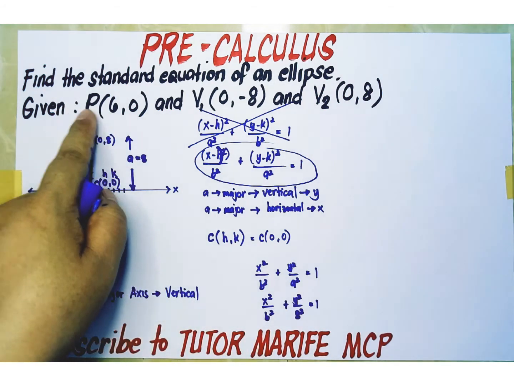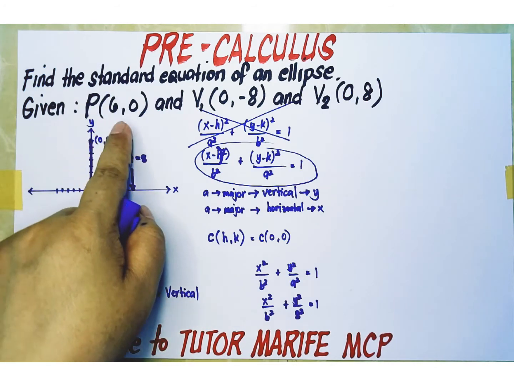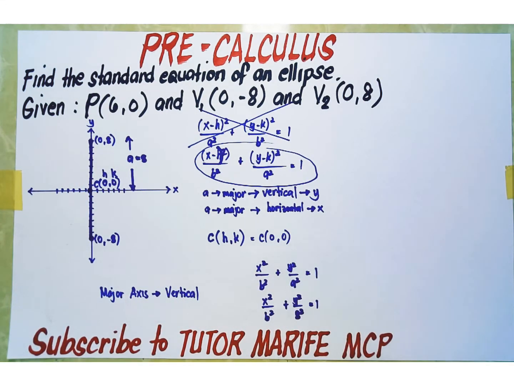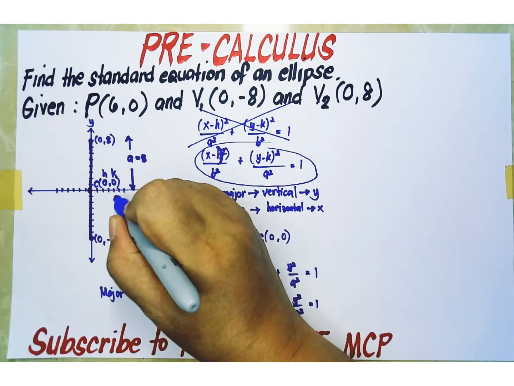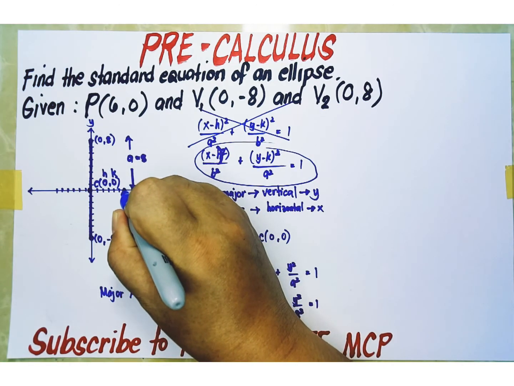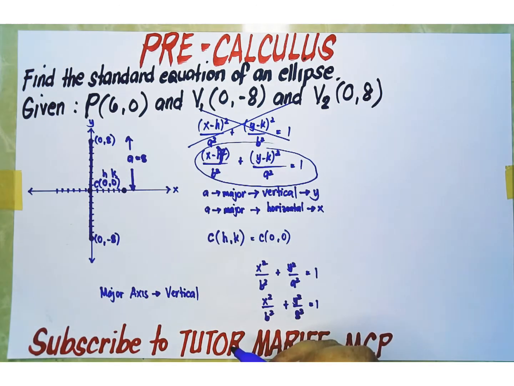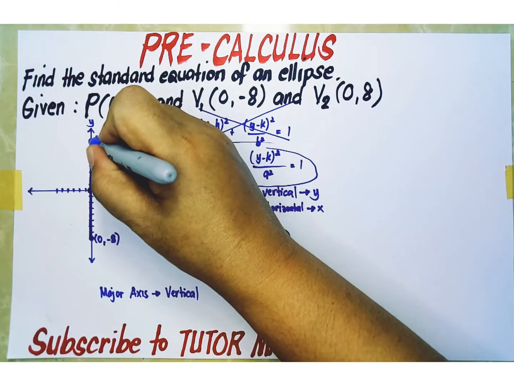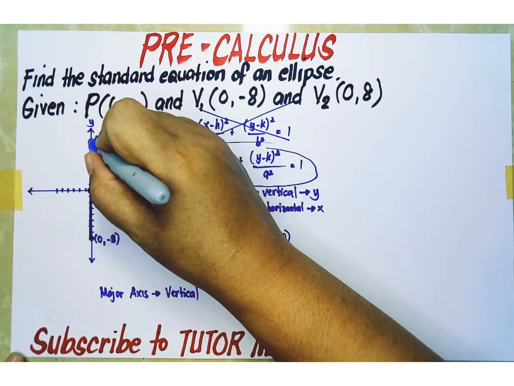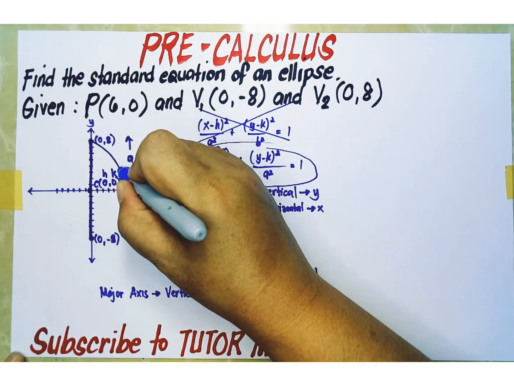Let's use point P at (6, 0). So it's on the ellipse. Let's plot (6, 0). Therefore, the ellipse looks like this.